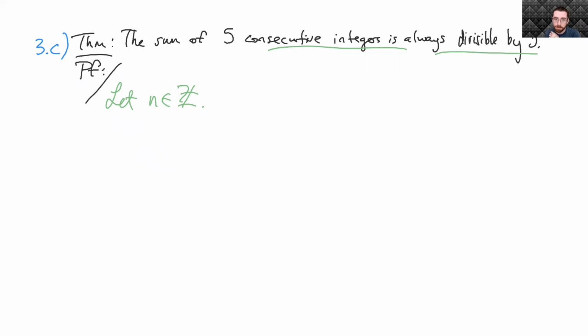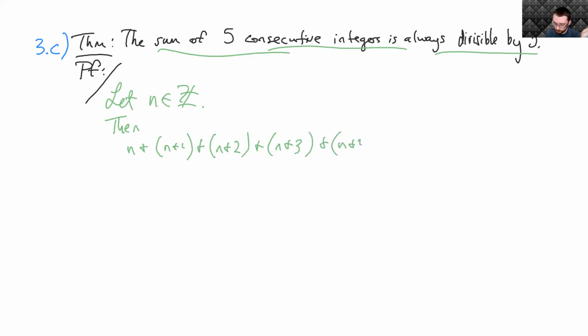So pick an arbitrary integer, call it n. Then the sum of the consecutive integers would be n plus n plus 1 for the next one, n plus 2 for the next one, n plus 3 after that, and then n plus 4. I don't need parentheses here, obviously. I'm just showing these are the 5 consecutive integers we're working with.